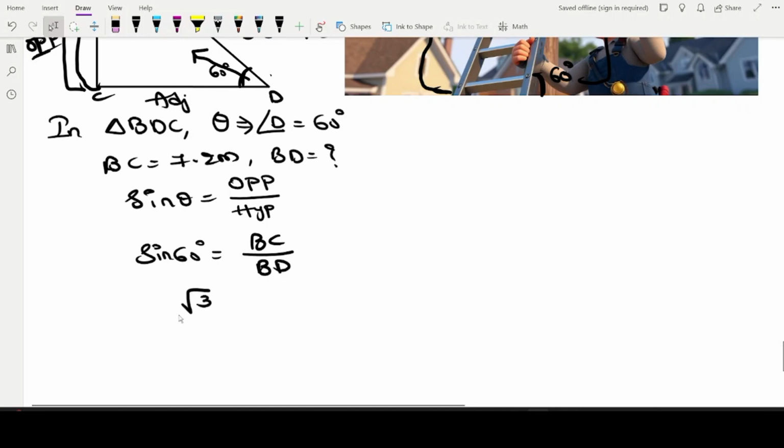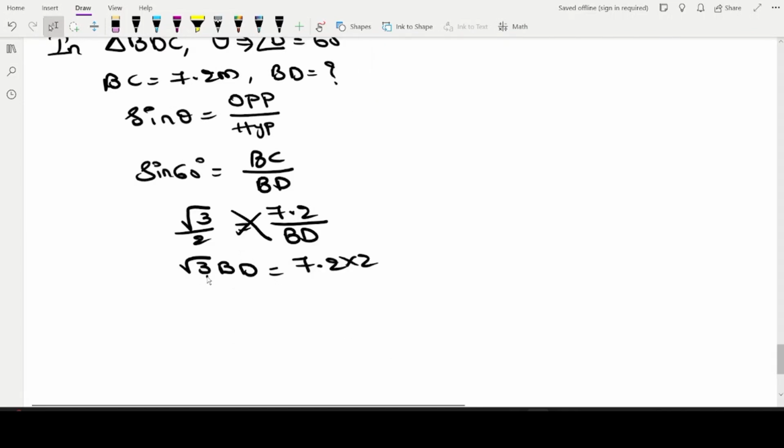Sin 60 degrees is root 3 by 2. What is BC? 7.2 divided by BD, cross multiplication. So root 3 into BD equals to 7.2 into 2. So when root 3 is shifted to this side, that becomes BD equals to 7.2 into 2 divided by root 3.